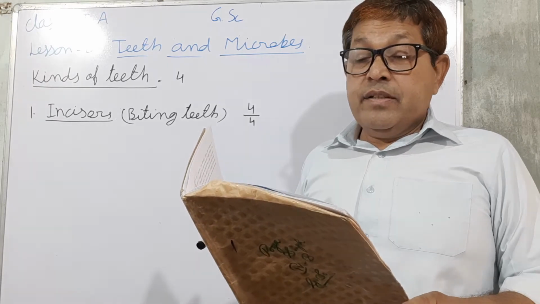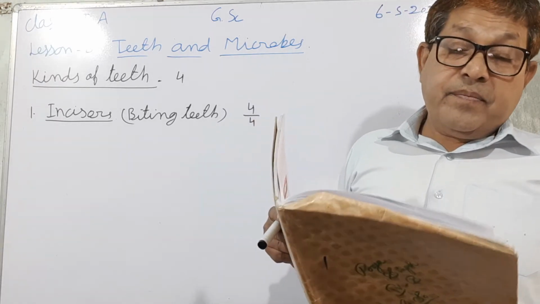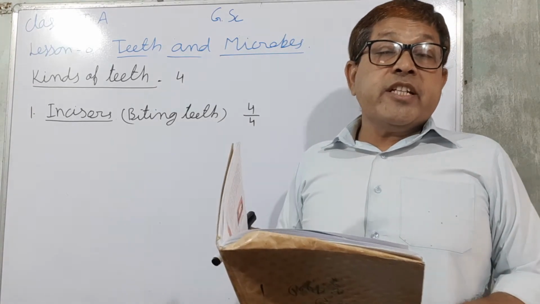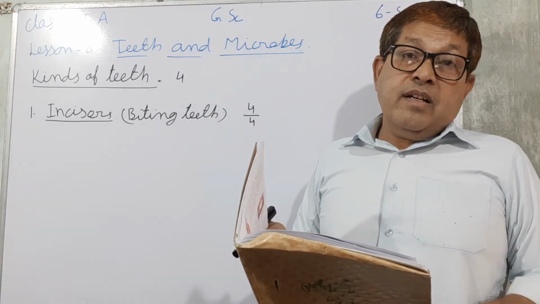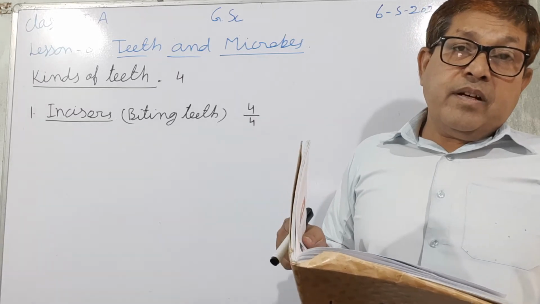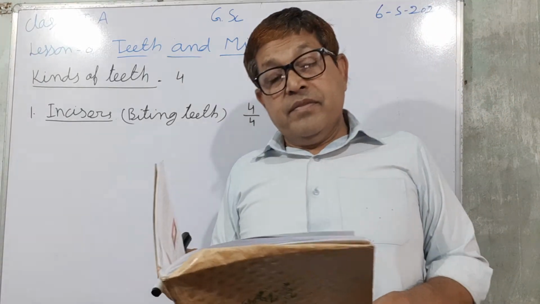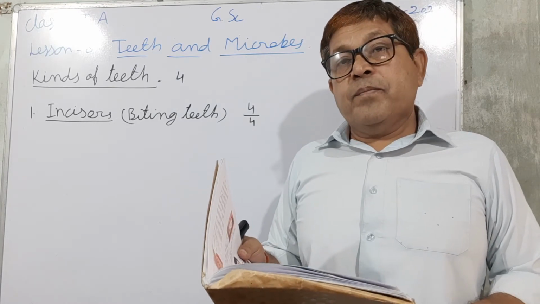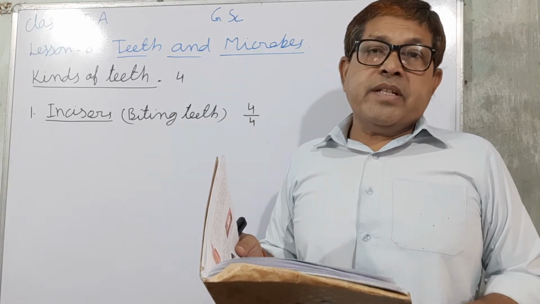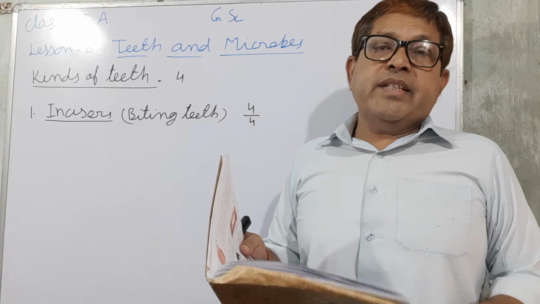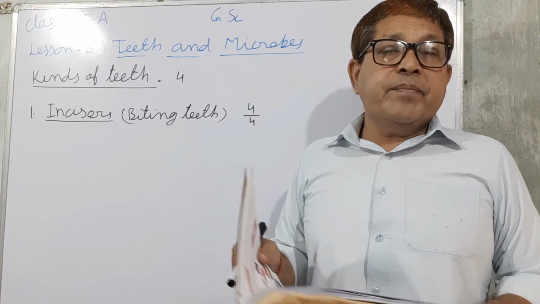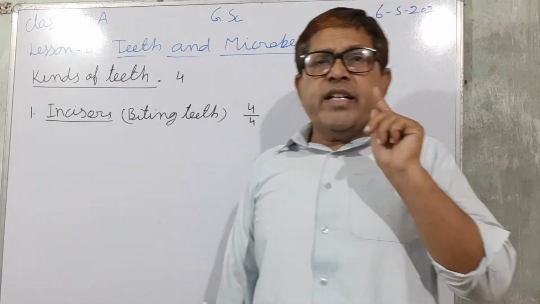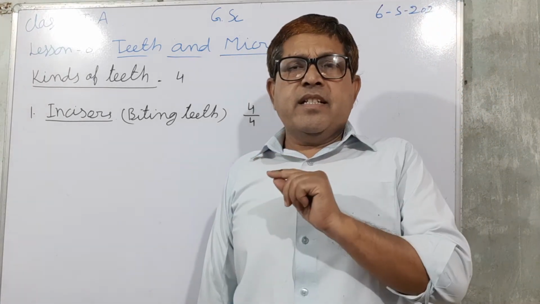Now next, canine. It is found next to the incisor. On either side of the incisor one pointed tooth is present, and this tooth is called the canine. You know very well about dogs. Some pointed teeth are there on both sides.